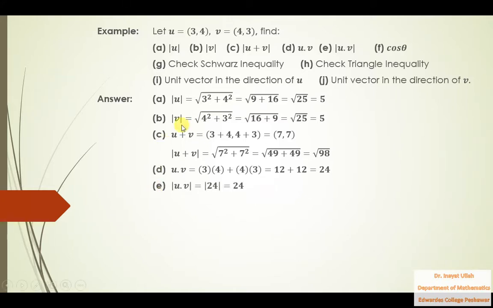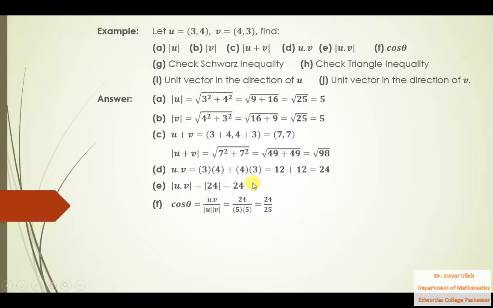In part e, you need to calculate the magnitude of u dot v. Just look at this: u dot v is actually a real number, a scalar quantity. So the magnitude of u dot v is the magnitude of 24, and the magnitude of 24 is the same 24.